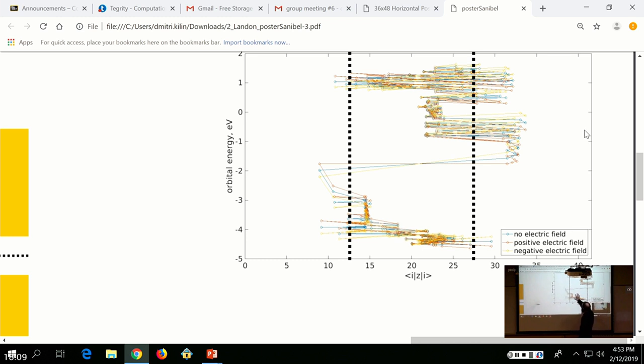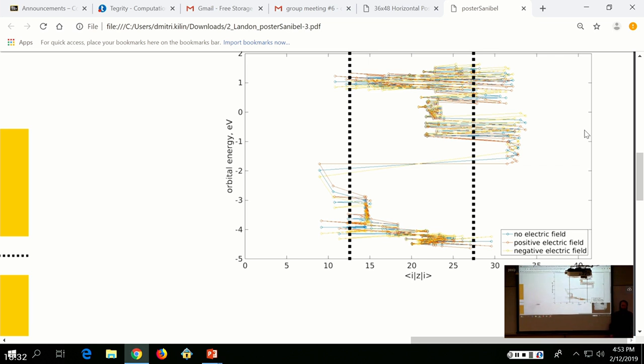And that looks like this. And so what we did is we calculated what magnitude of electric field you would need in order to make the HOMO actually meet the LUMO in energy. So that's what you can see here with this horizontal line.